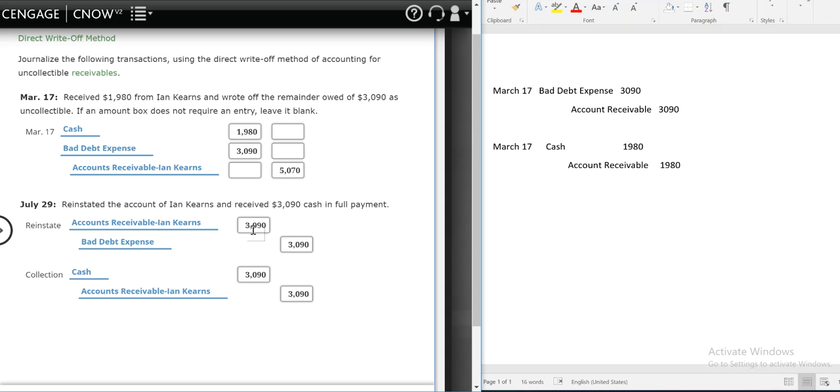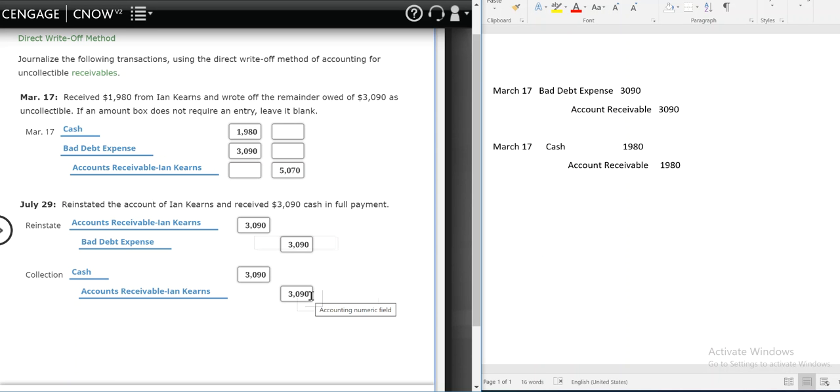Then a debit when we realized that he did pay, and a credit when we finally collected the cash. So it's debit, credit, debit, credit: a debit of 3,090, a credit of 3,090, a debit of 3,090, and a credit of 3,090. At the end, the accounts receivable for Ian has 0.